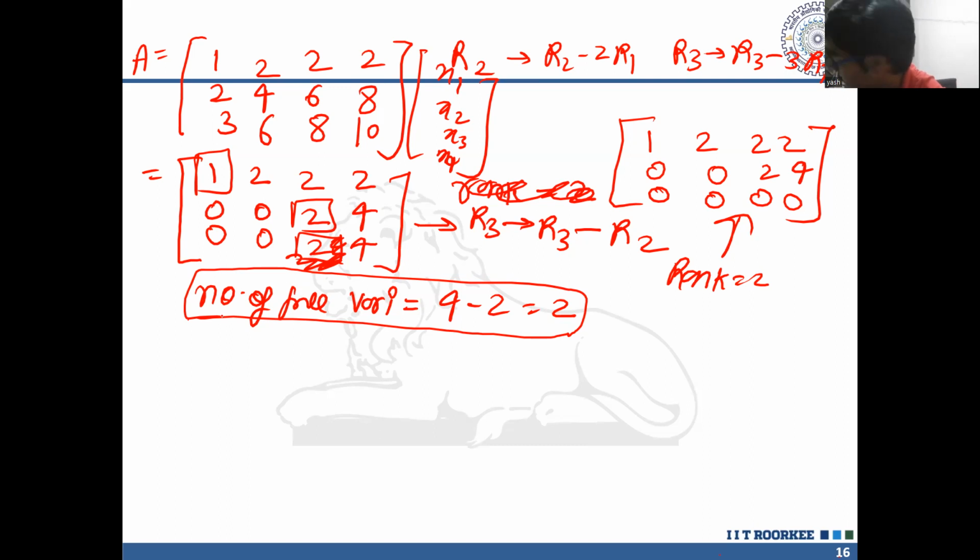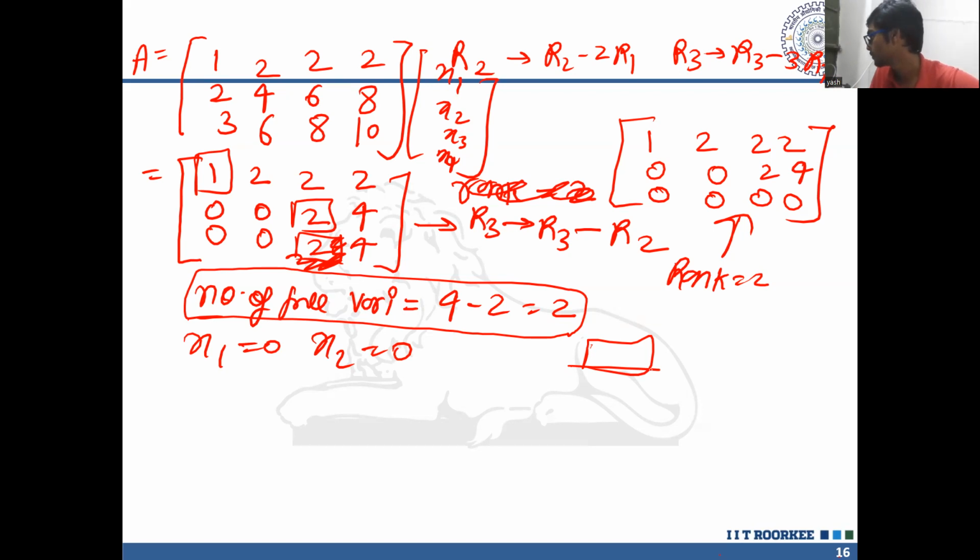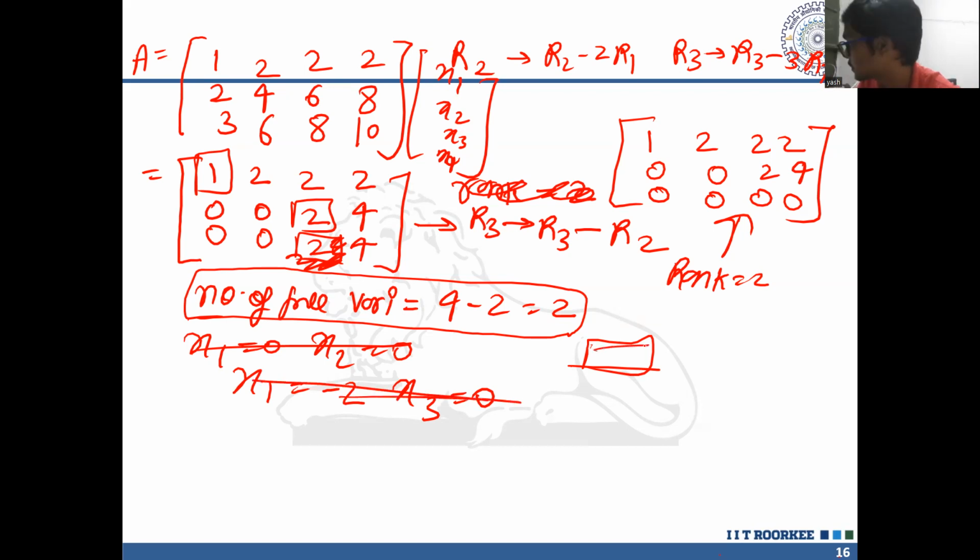We can assign any variable to be 0. So we can take the simpler choice so that we can easily solve the equation.